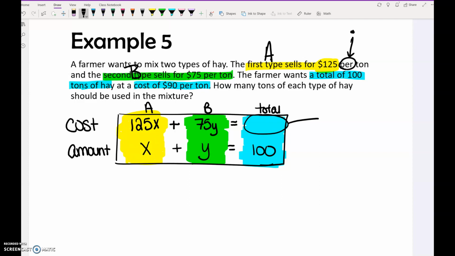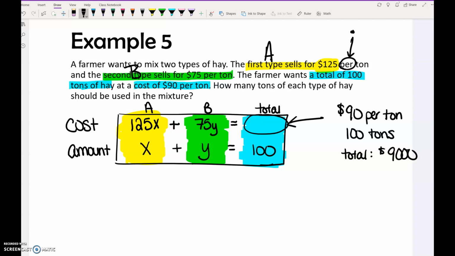All right, now let's talk for a minute about this total, because it's not 90. He says $90 per ton. He buys 100 tons. So what's that going to be a total of? How much money? 9,000. 90 times 100.